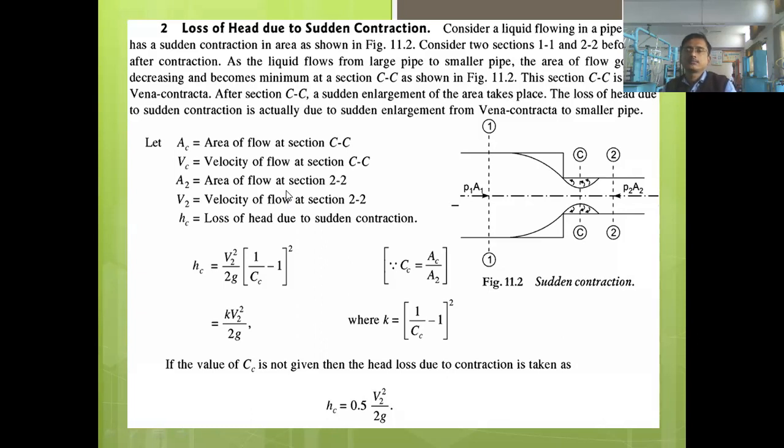Draw this diagram, section 1, 2, C. See, when water flows from larger pipe to the smaller pipe, at that time, it is trying to move like this. And again, here an air pocket will form, space will form, where eddies are going to appear. And due to that, there will be loss of head.